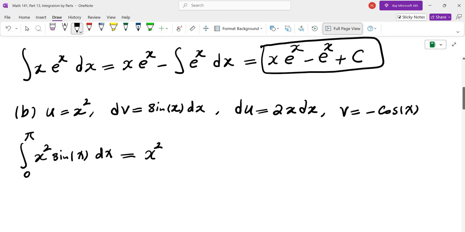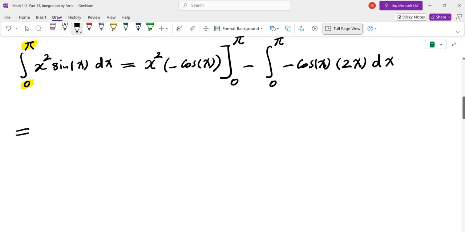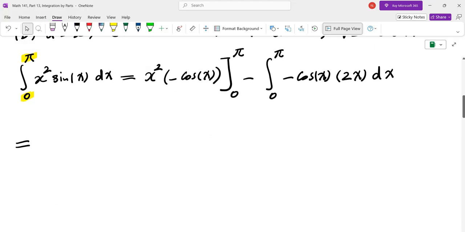This would be u, x squared, times v, negative cosine of x. But notice that this is a definite integral, so we have to evaluate this from 0 to pi, minus the integral from 0 to pi of v du, which is negative cosine of x times du, which is 2x dx. Okay, so let's substitute pi and 0 to see what we get.